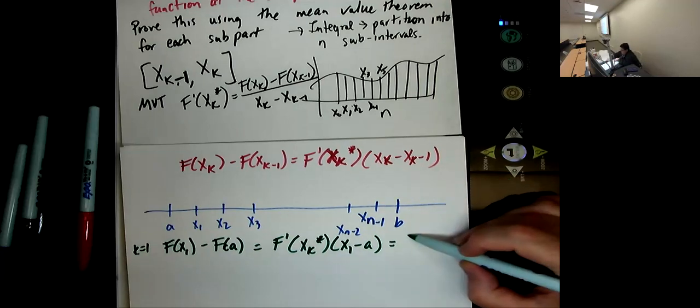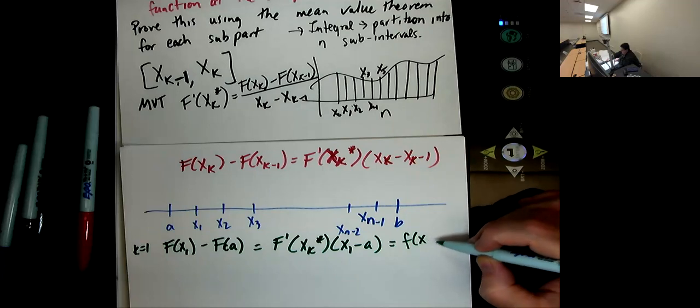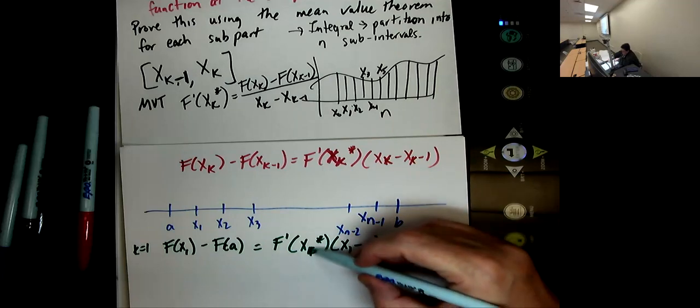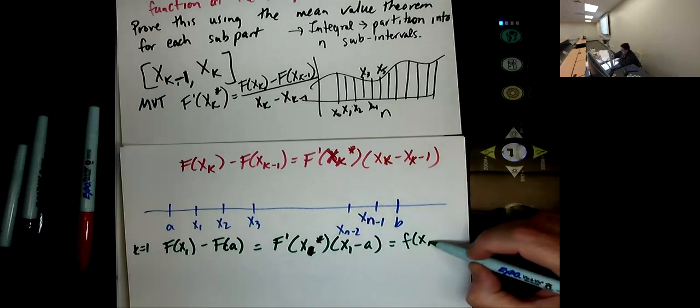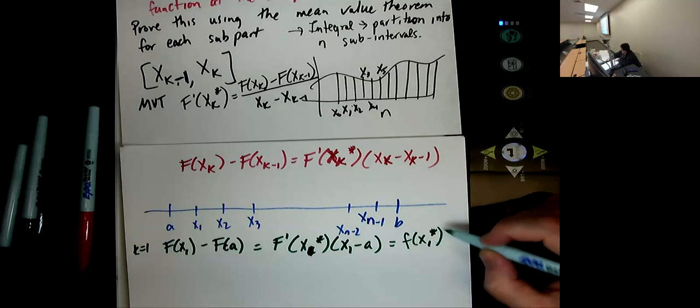This is the thing we were doing in the Riemann sums. I'm not on k, this is x sub 1 star. F of x sub 1 star times delta x1.